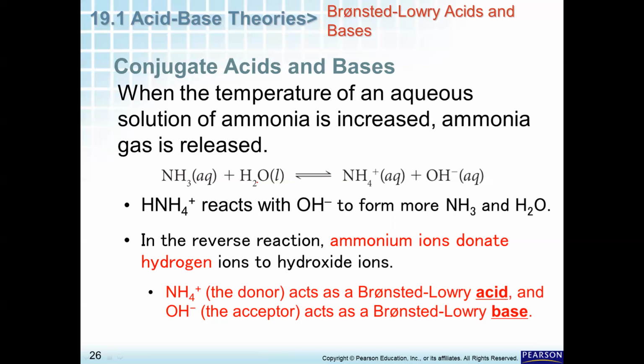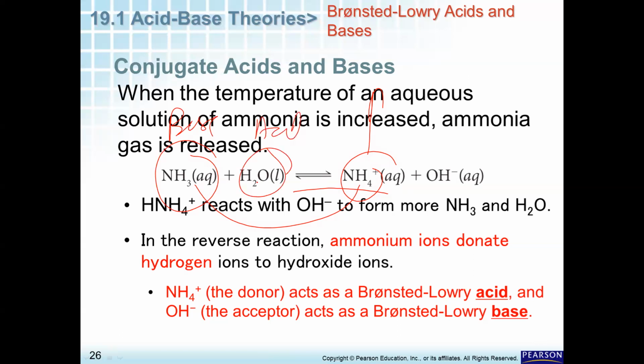What does that mean? This means that if you raise the temperature or heat it up, you are encouraging the backward reaction, in which ammonium is converted into ammonia, producing ammonia. So in the forward reaction, ammonia is acting as a base and water is acting as an acid, right?